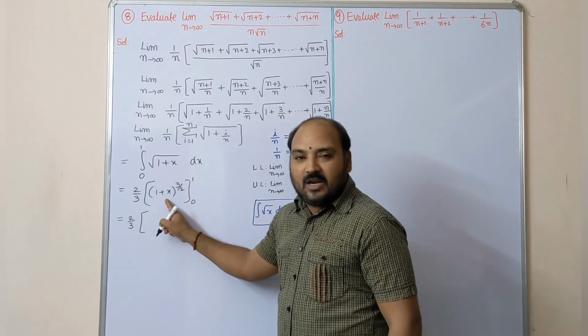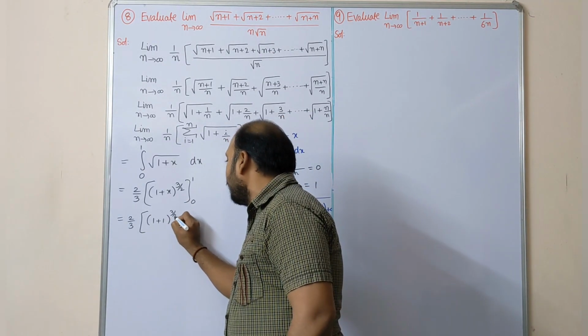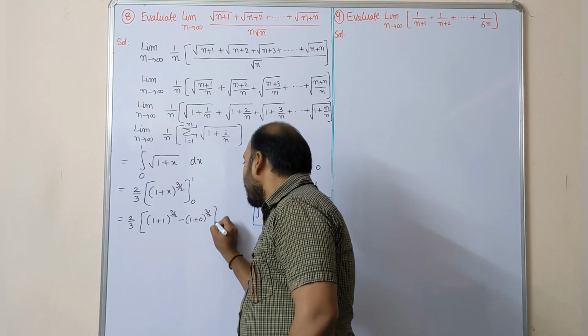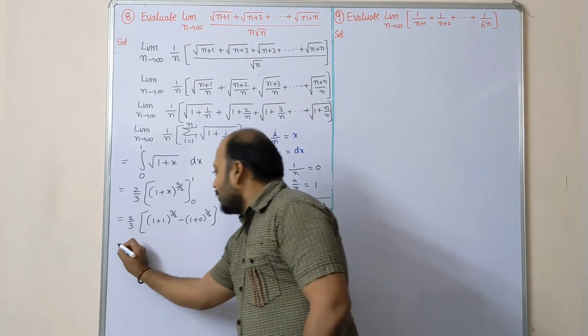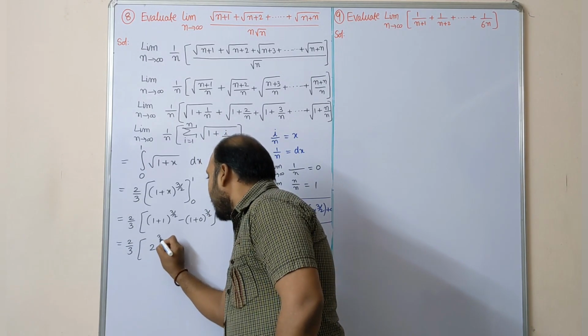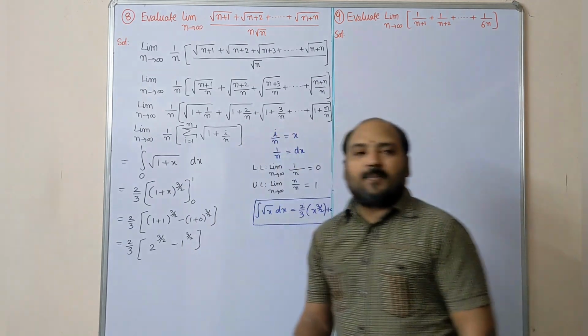Substitute x equal to 1, the upper limit: 2 by 3 times (1 plus 1) whole power 3 by 2 minus (1 plus 0) whole power 3 by 2, which is equal to 2 by 3 times 2 power 3 by 2 minus 1 power 3 by 2. So 1 power 3 by 2 is 1.